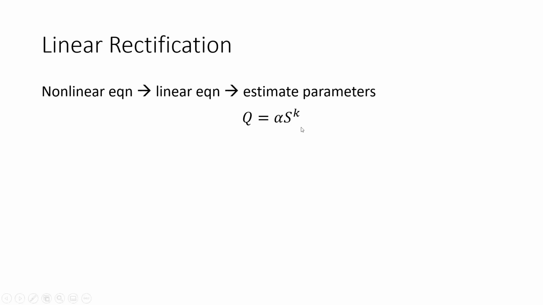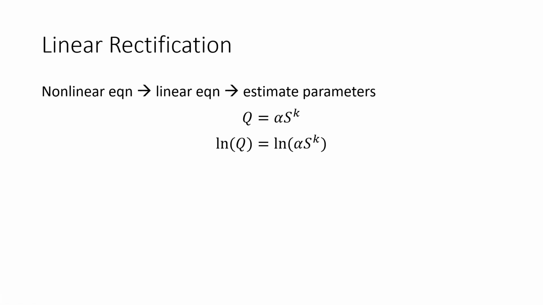Alpha and k, on the other hand, are both constants, they're both parameters, and they are both unknown. So all we have is the test data, and we're trying to get more information about it. Luckily, we can use some algebra and turn this into a linear equation, and it'll help us to figure out what alpha and k are.